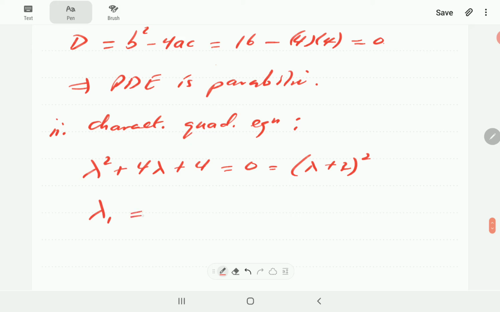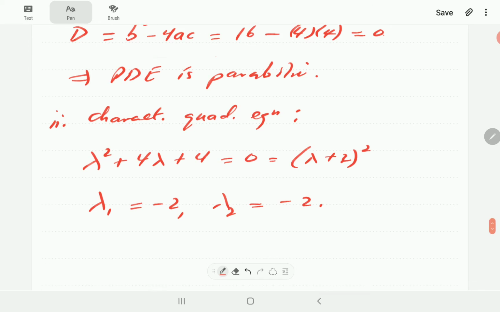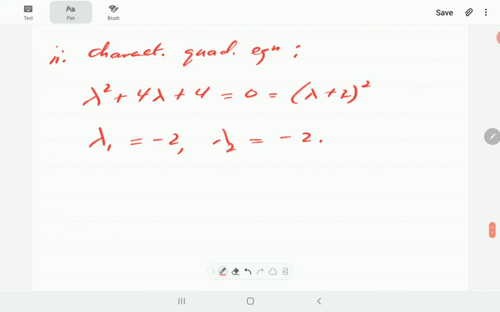So lambda 1 is negative 2. Lambda 2 is also negative 2. So that means in terms of the roots, only one root we're going to get. So that means only one canonical coordinate we are going to get.